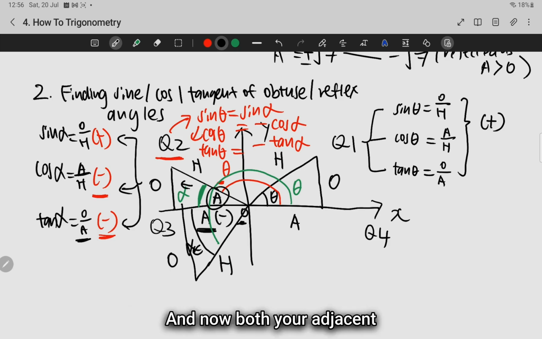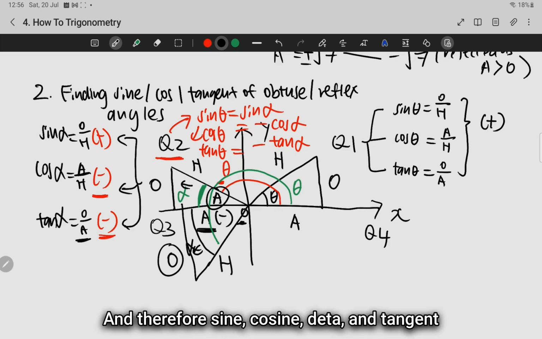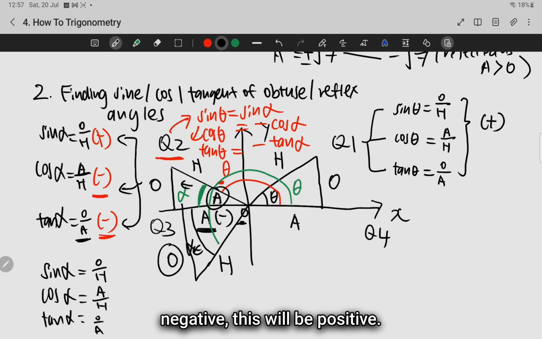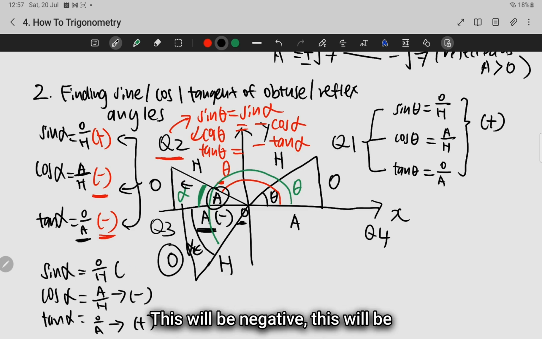And now both your adjacent and opposite are negative, and therefore sine, cosine, and tangent equal O over h, A over h, O over A. And since O and A are negative, sine will be negative, cosine will be negative, and tangent will be positive.